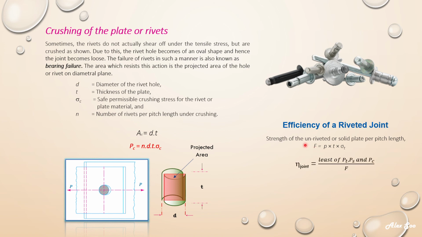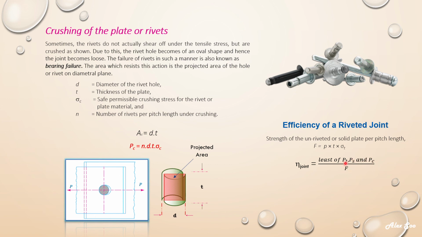Then the efficiency of the joint is defined as follows. You have to first calculate the load or the strength of the plate subjected to tearing, and then the strength of the rivet subjected to shearing, and then the crushing strength of the rivet.